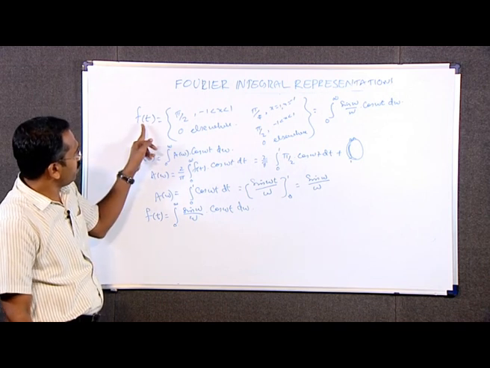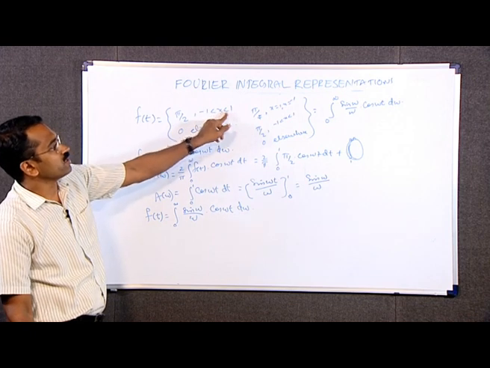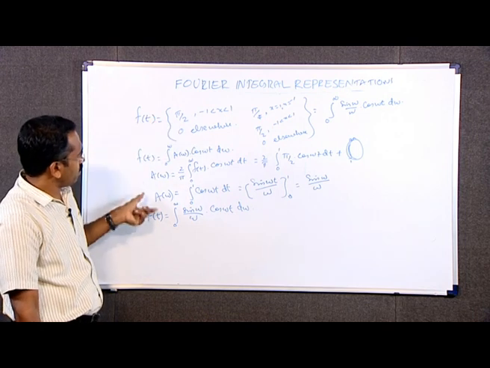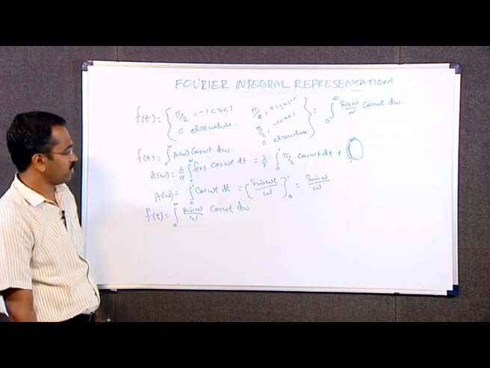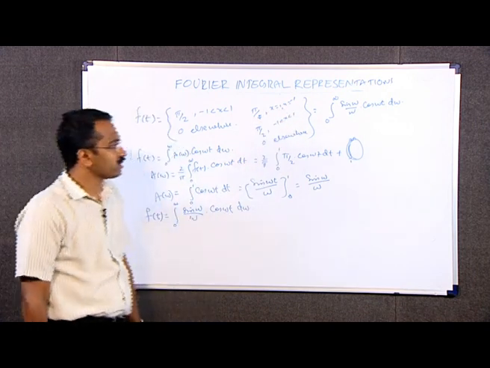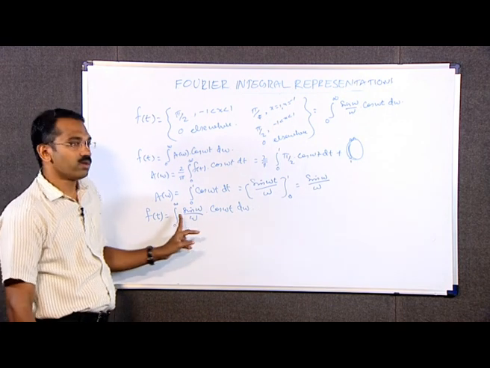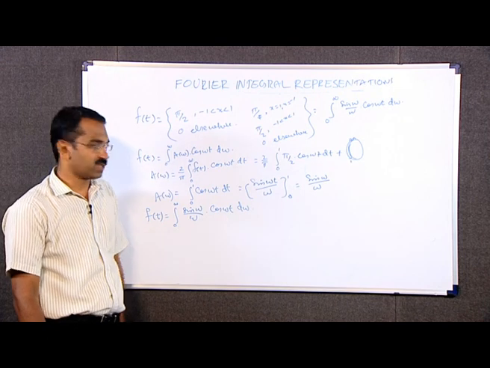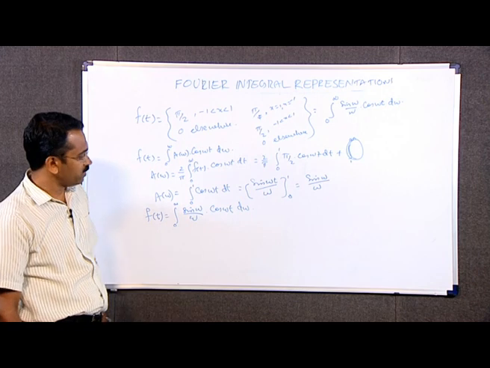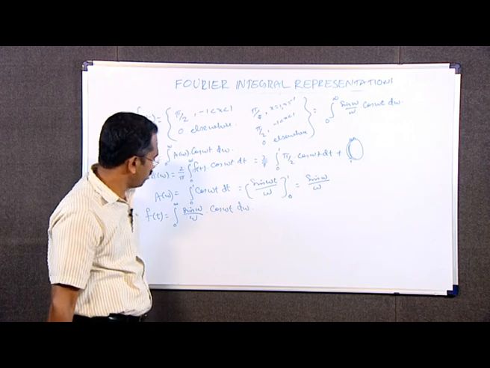We have taken f of t as pi by 2 for minus 1 less than x less than 1 and 0 otherwise. Therefore, we substitute the value of f of t as this. Then note that x equal to 1 and x equal to minus 1 are two points of discontinuity, in which case the value of the right hand side integral is the average of the left hand limit and right hand limit at x equal to 1, and similarly for x equal to minus 1.